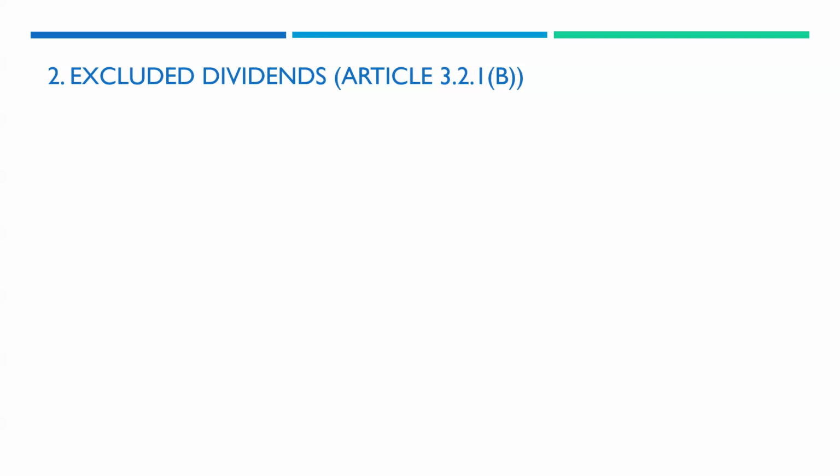Correct? So tell me, why are dividends excluded in UACT?